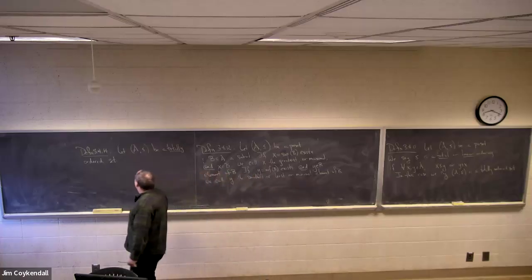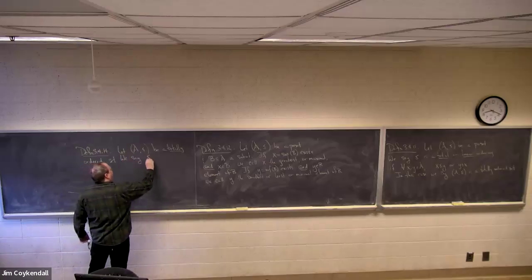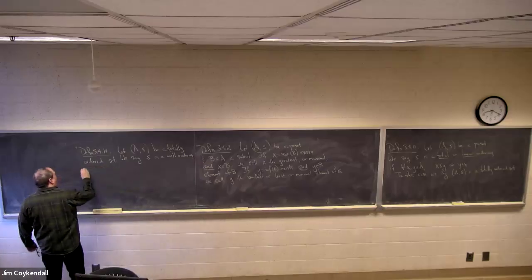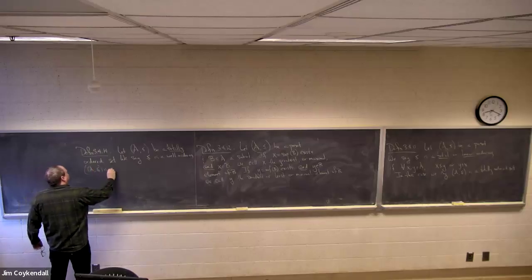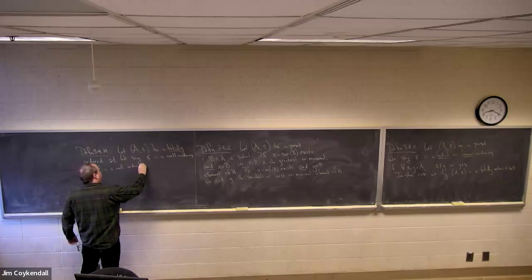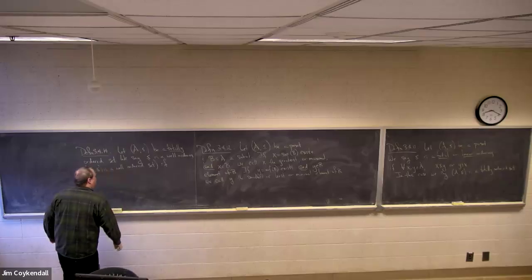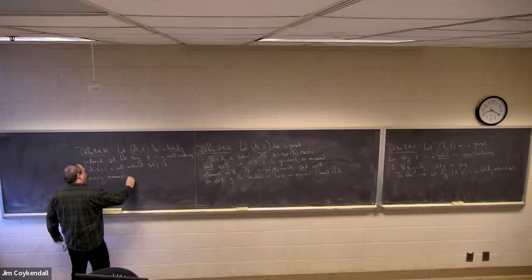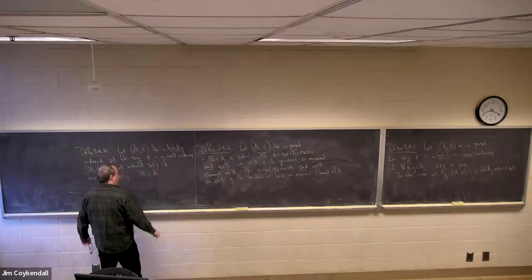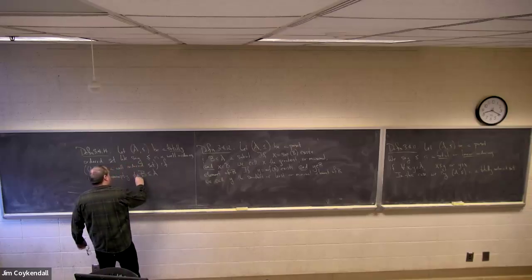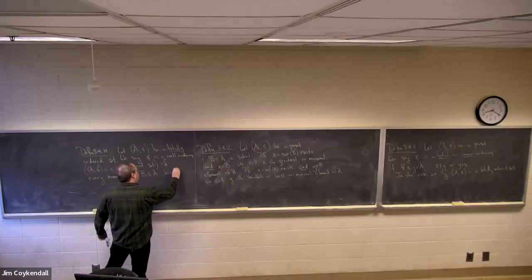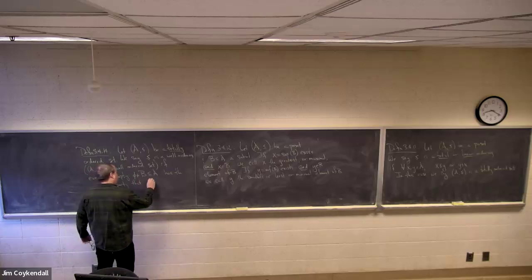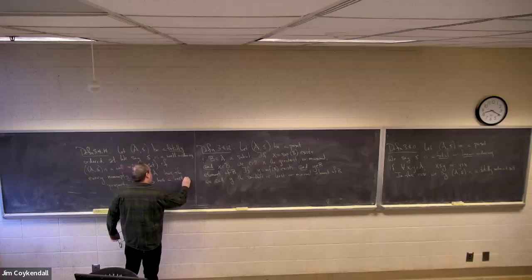We say that the inequality is a well ordering, or A is a well ordered set, if every non-empty set B in A has the property that B has a least element.